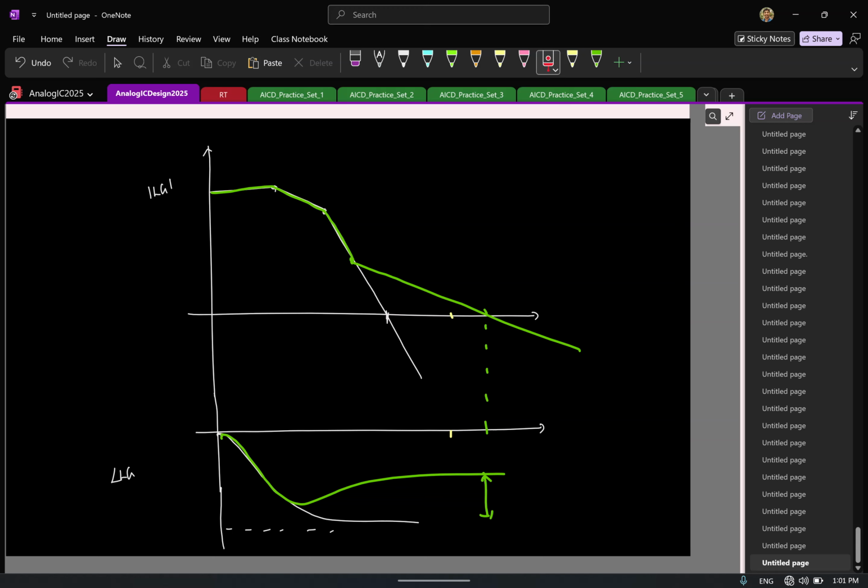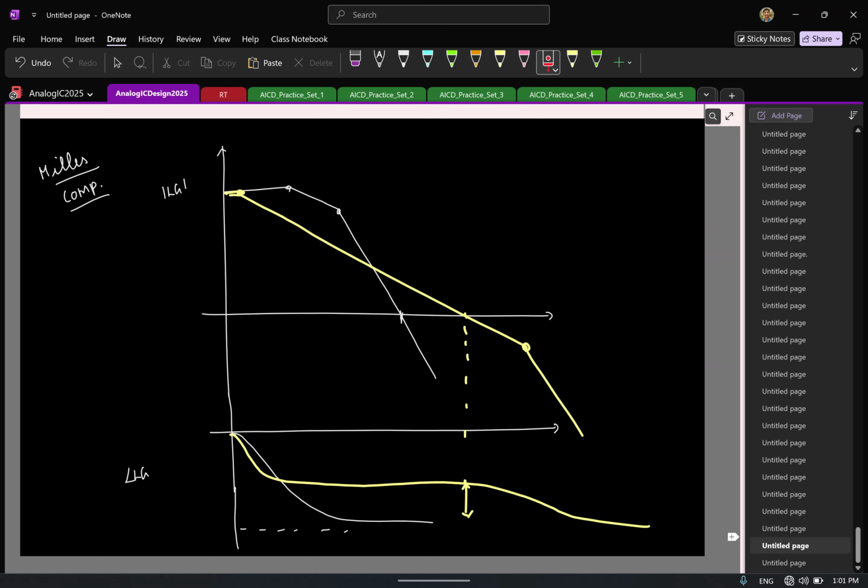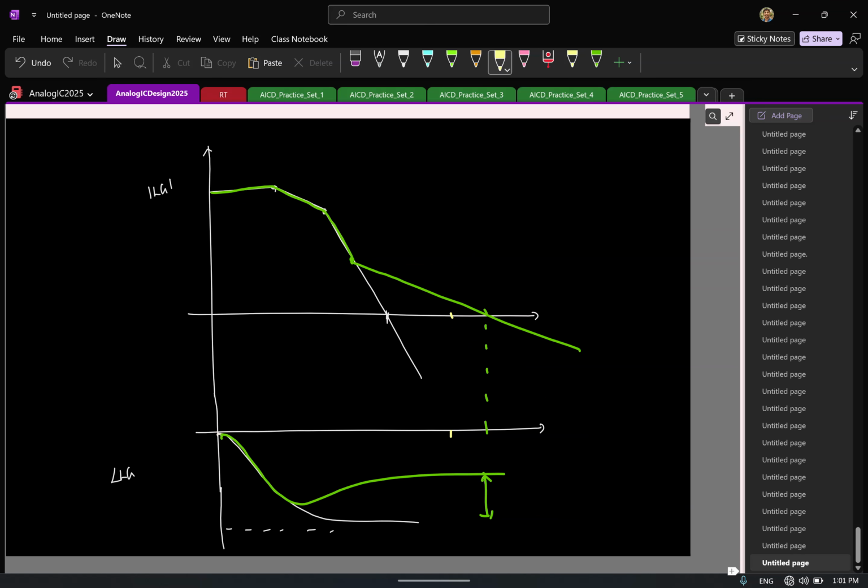And the other thing to notice is, if you compare either the first Miller compensation or feed forward compensation, when the magnitude plot crosses the unity gain frequency, the unity loop gain frequency, what can you say about the slope here? The slope is minus 20 dB per decade. Similarly here, what is the slope? Minus 20 dB per decade.